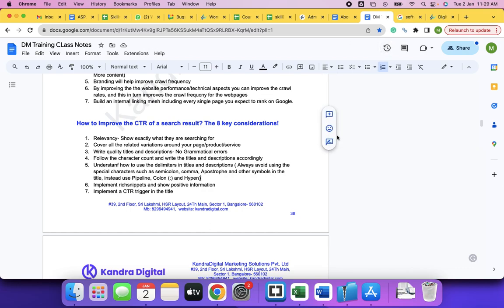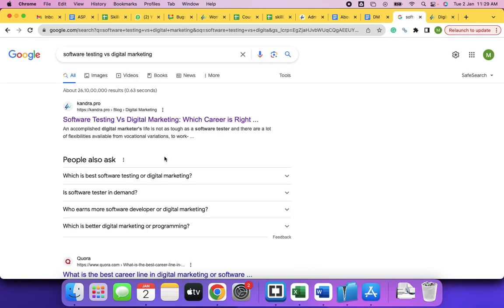Implement rich snippets and show positive information. So what are these rich snippets? We will be having a detailed discussion about rich snippets, probably one or two classes around it.